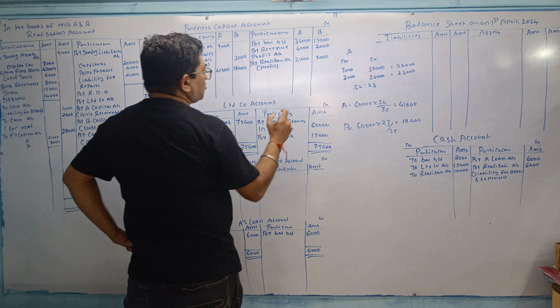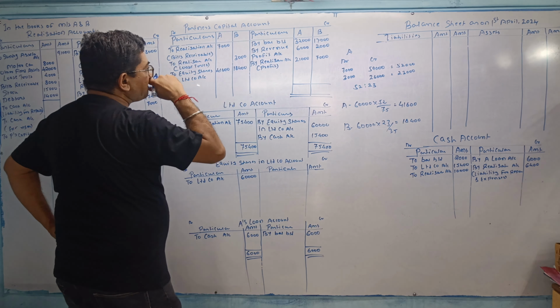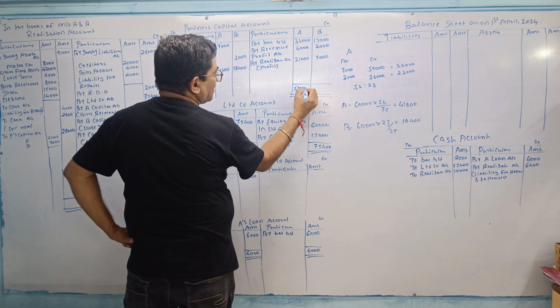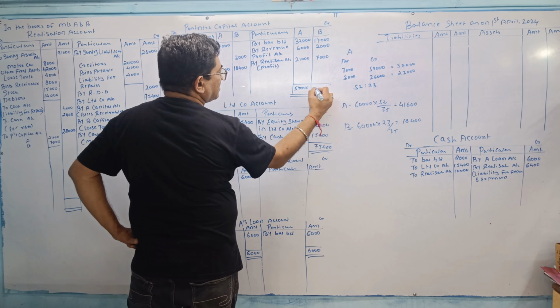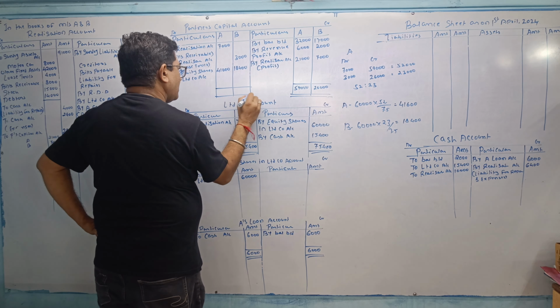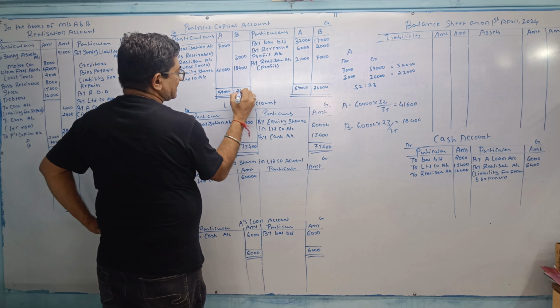अब पार्टनर कैपिटल अकाउंट क्लोज करते हैं। 59,000 and 26,000.